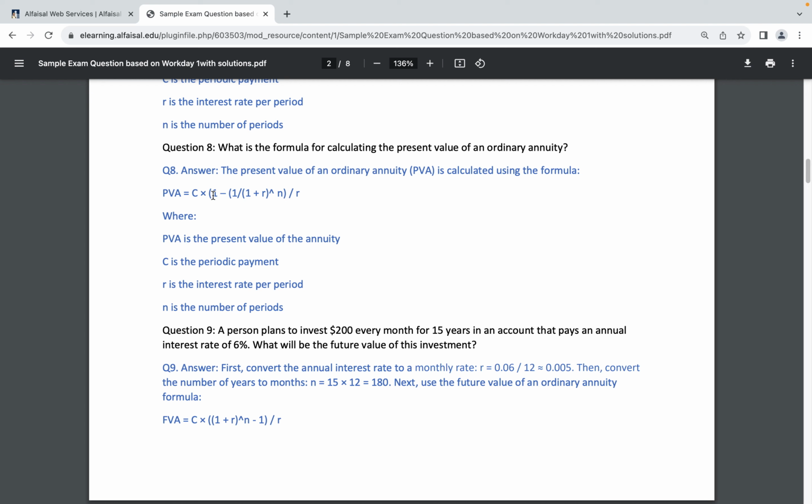You'll see that the two formulas look quite similar, but there is a distinction between the two in terms of how the operations occur. So make a note of that difference.